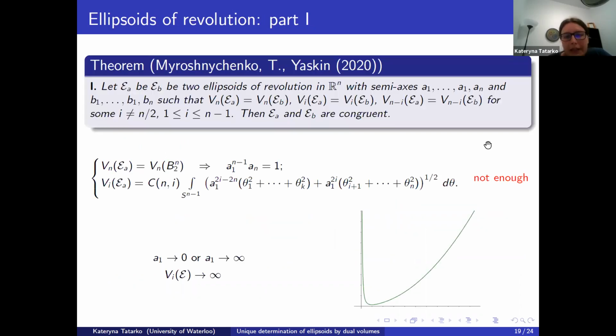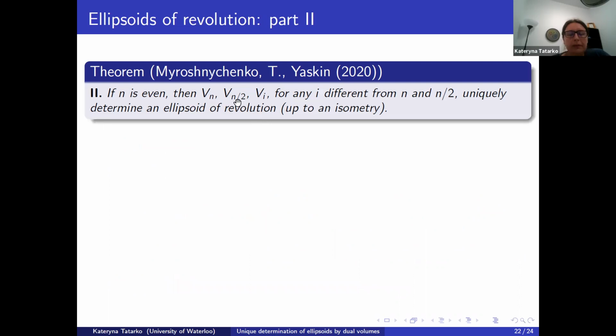So there are still a lot of open cases, even for ellipsoids of revolution, but of course it would be nice and interesting to see whether the actual conjecture about intrinsic volumes of ellipsoids is true as well.